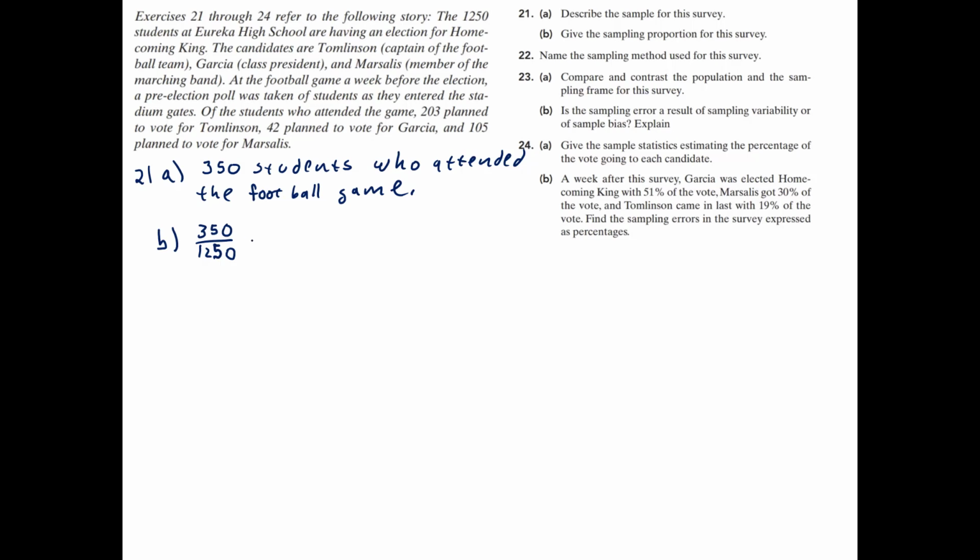So the sampling proportion is the percent of the students that answered the poll, and this was 28%. When I punch this into my calculator, it tells me 0.28. I move the decimal point over 2 places, and I get 28%.